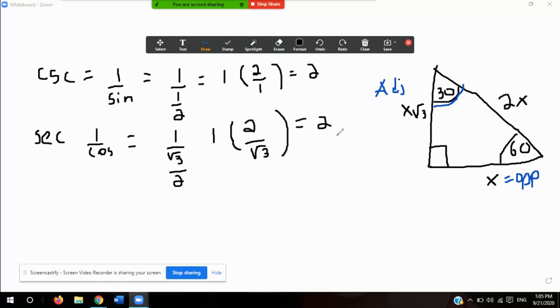But because the problem is asking us to rationalize our denominator, I'm not done with it yet. I have to rationalize the denominator, so I have to turn that into 2 over the square root of 3 times the square root of 3, because I'm rationalizing my denominator.